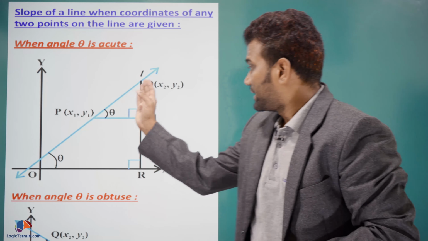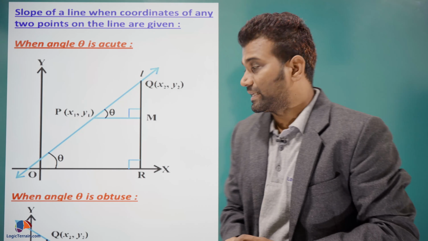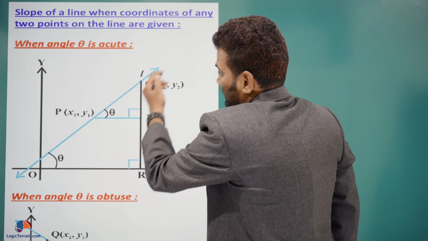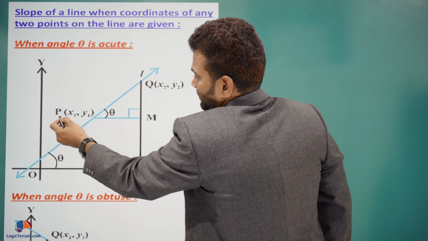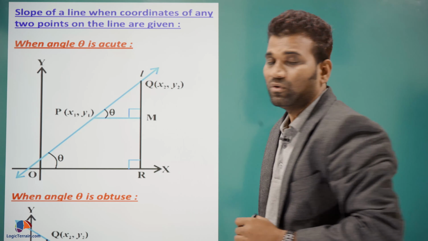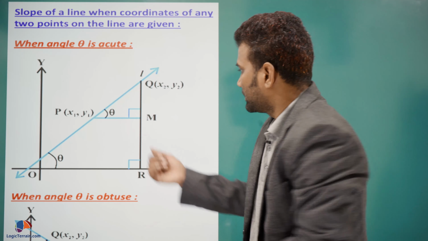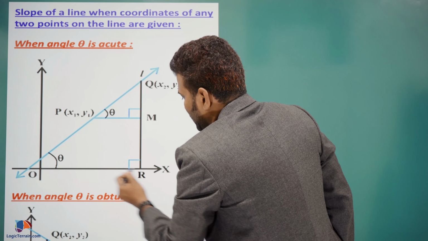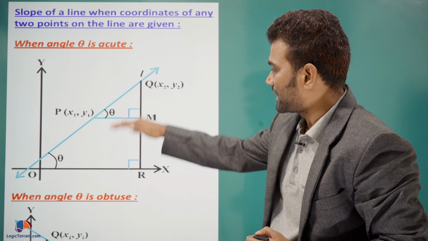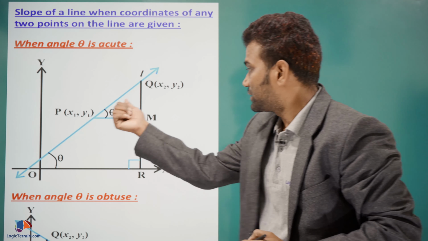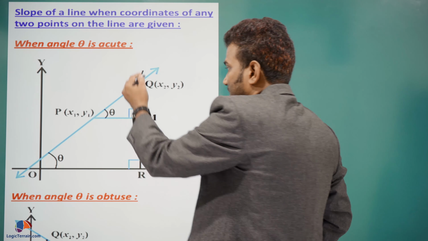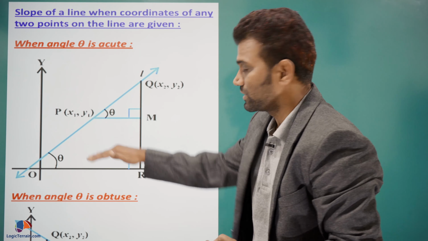Here theta is an acute angle, L is the line, and we have 2 points, P (x1, y1) and Q (x2, y2). Here PM is parallel to OR, and both the thetas are equal because these are corresponding angles, since the line is a transversal to both parallel lines.